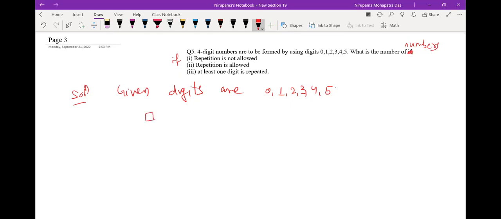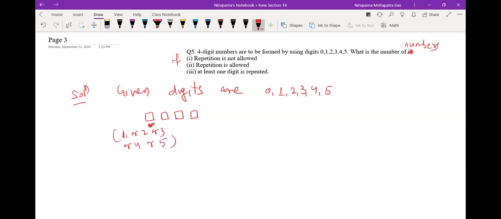Okay, so here you see 4-digit numbers means you have 4 places, right? So here you cannot have 0, right? You can use any digit except 0. So here 0 cannot be placed. It means you can have 1 or 2 or 3 or 4 or 5, right?